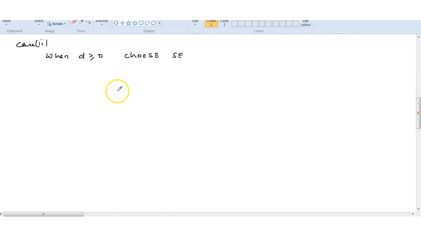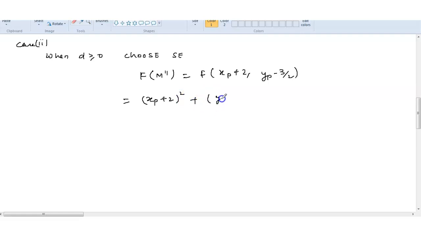So we can write f of M double dash as f of xp plus 2 and yp minus 3 by 2. This we substitute in the equation of the circle. You get xp plus 2 whole square plus yp minus 3 by 2 whole square minus r square.